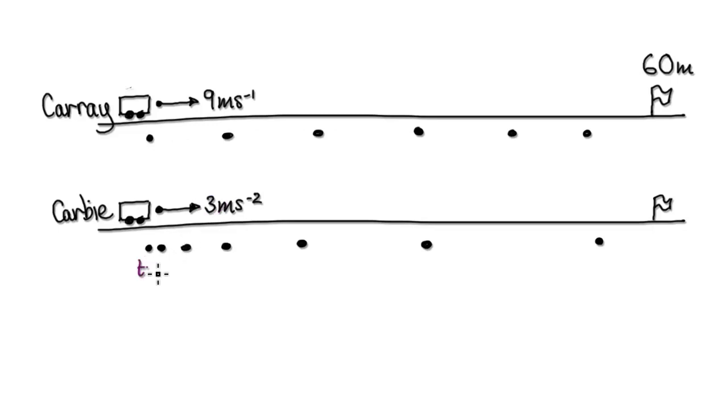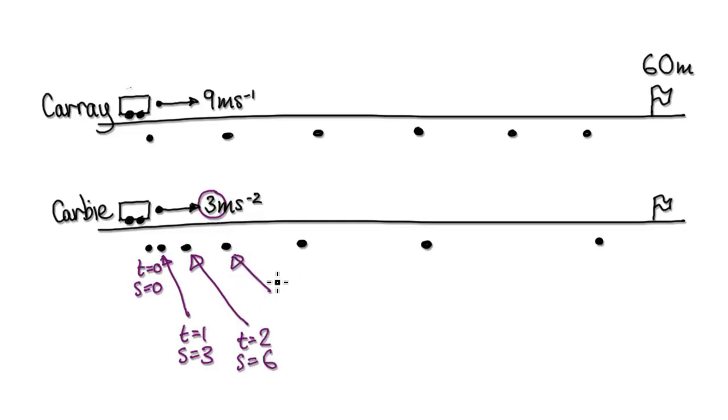So when time equals 0 here, the speed will be 0. And then here, 1 second later, the speed will be 3, because the acceleration is 3. Remember, acceleration is the increase in speed. So another second later, so this will be t equals 2, the speed will be 6 because it's accelerating by 3.